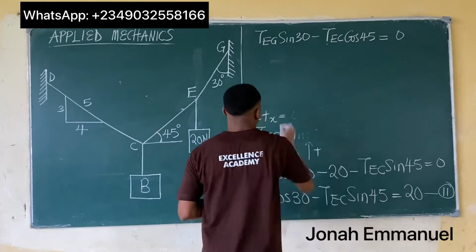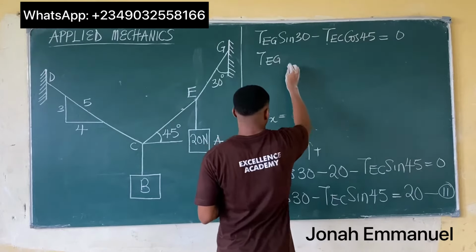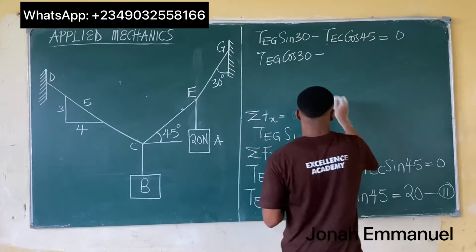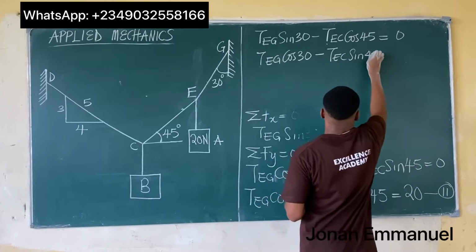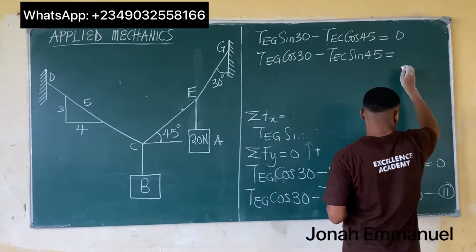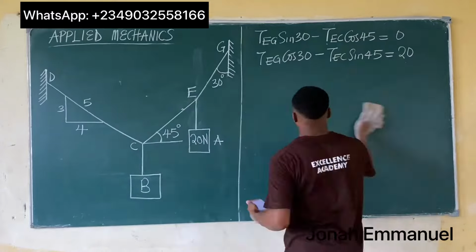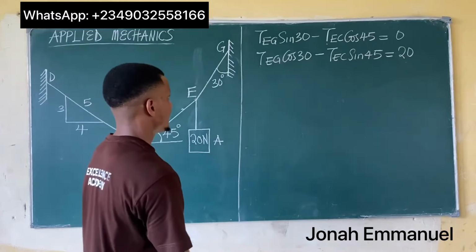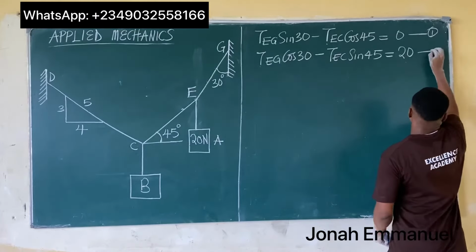So we have TEG cos 30 minus TEC sine 45 equal to 20. Alright, so let's get this done. So this is equation 1, equation 2.